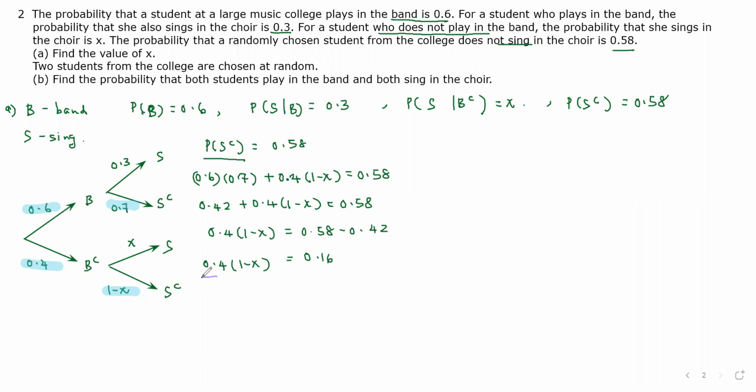Divide throughout by 0.4 to isolate 1 minus X. We have 1 minus X equals 0.4. So X must be 1 minus 0.4, which is 0.6.